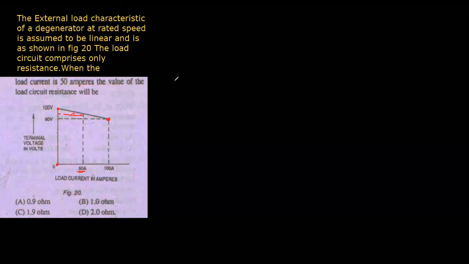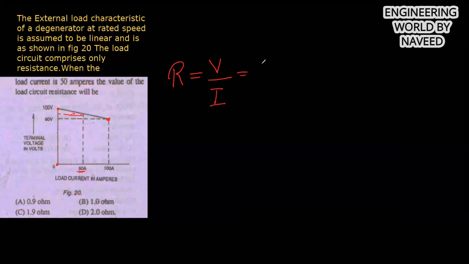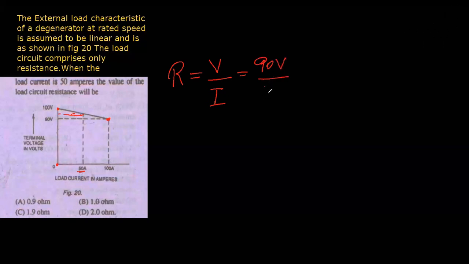So let's find the resistance at this point, and as we know, Ohm's law says that R is equal to the ratio of voltage and current. So voltage is 90 volt and current is 100 ampere. So that will be equal to 0.9 ohm.